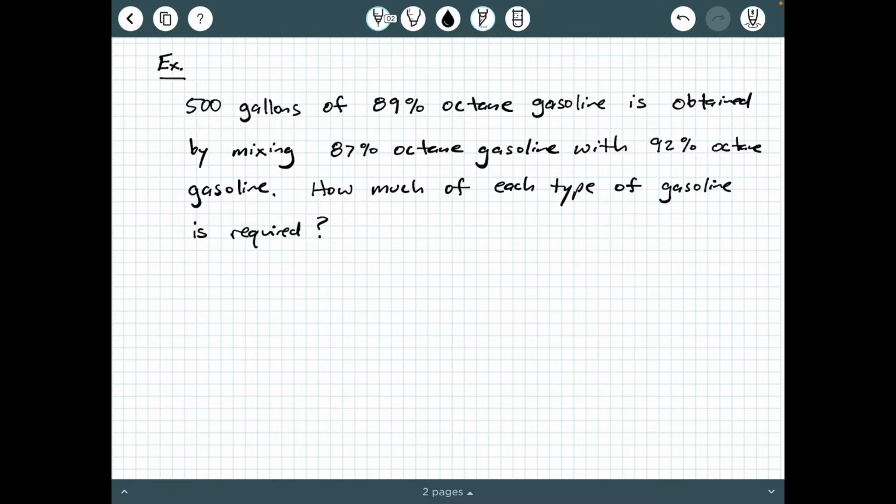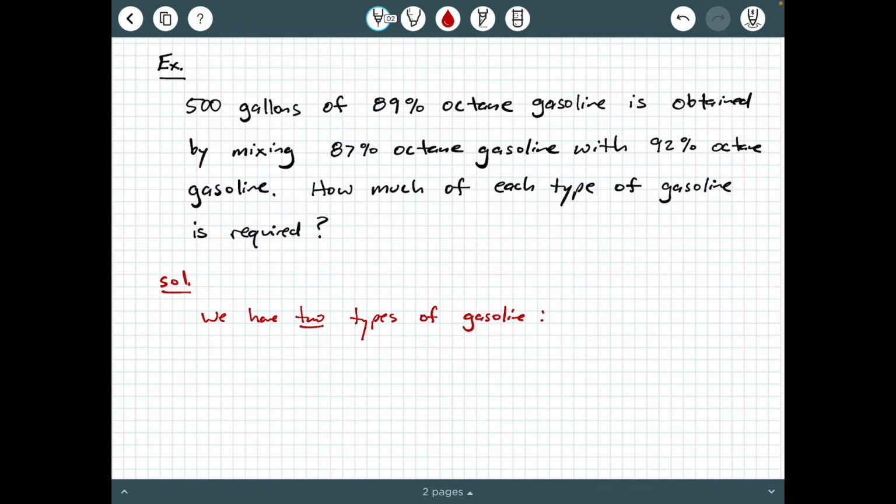89% mixture, okay? So sometimes when I'm reading a problem, if the wording of it is maybe unclear, I'll just kind of reword it a little bit on my own under the solution. So basically what we're saying is we have two types of gasoline.